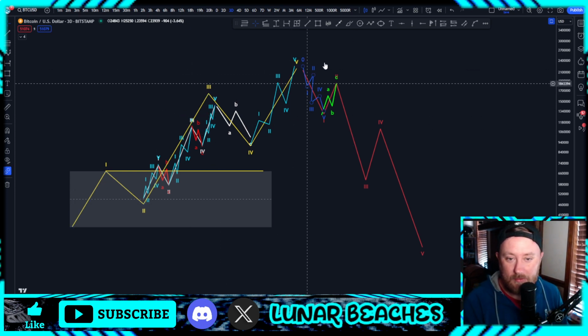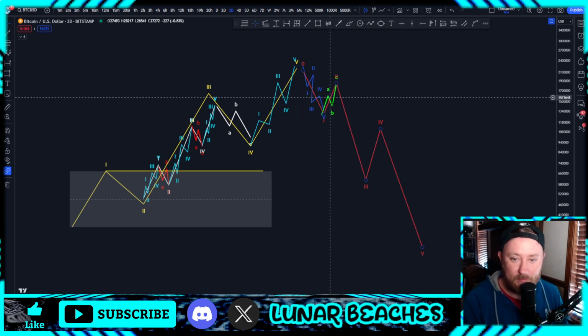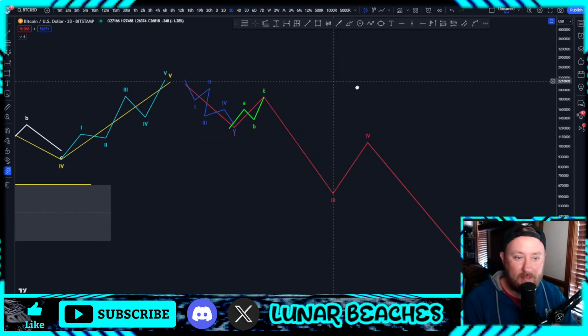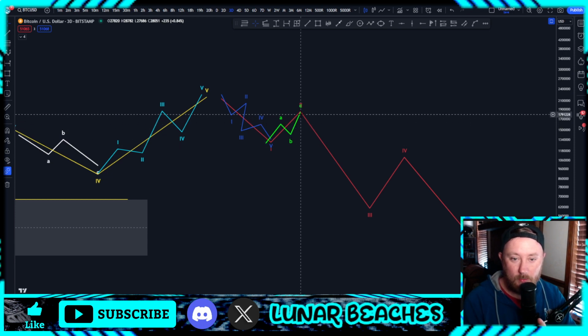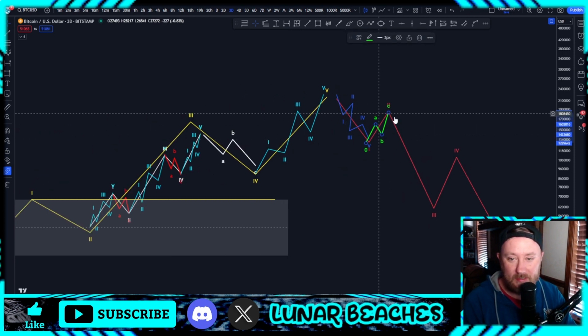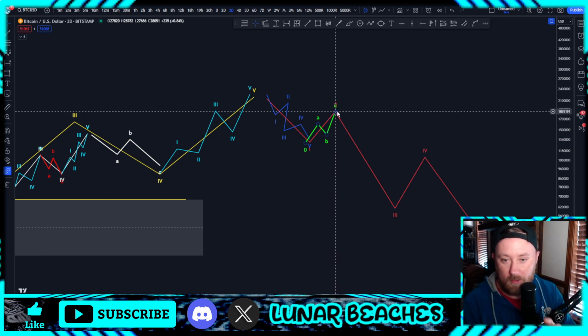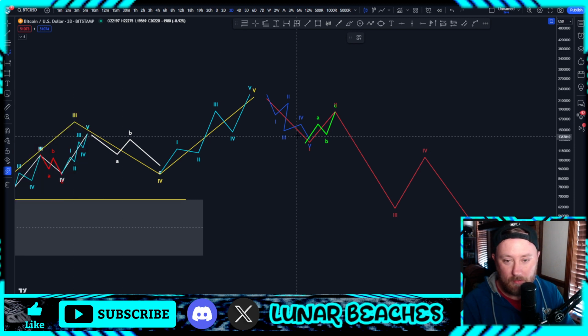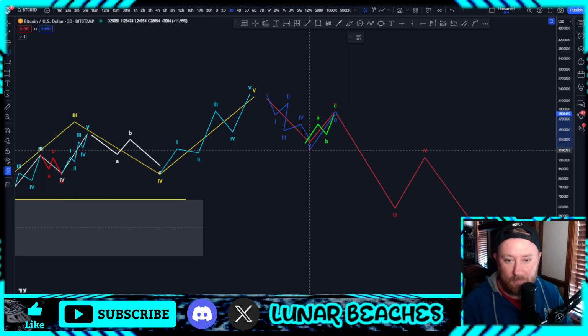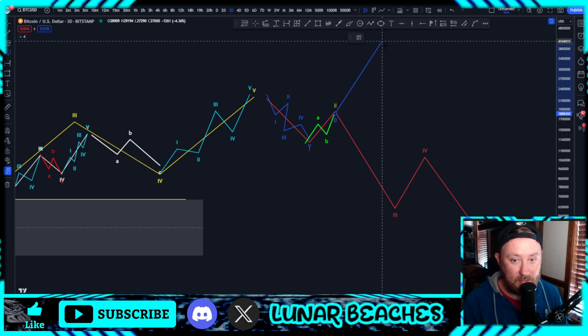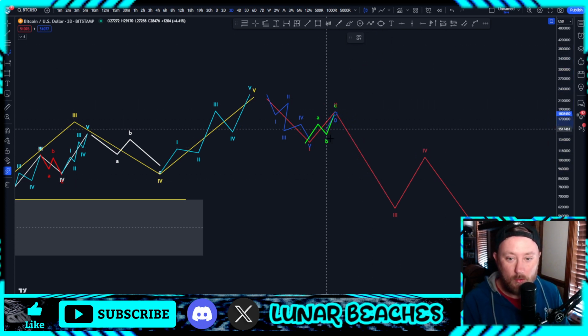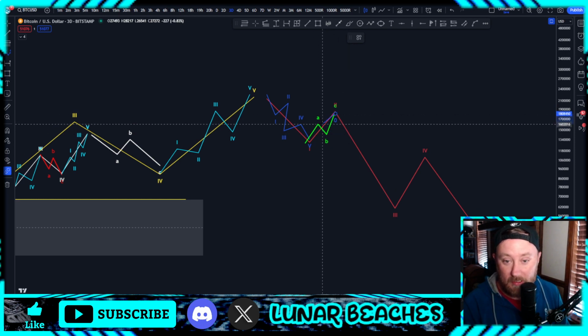Notice that head and shoulders put in here. Because we got that ABC, if we were looking at this one right here and noticed that this ABC has topped out, what we're looking for from this point, if we are trying to identify if this is the start of a new trend to the upside or if we are going to the downside, is that wave A in here, because this would be our first wave, our wave 1.